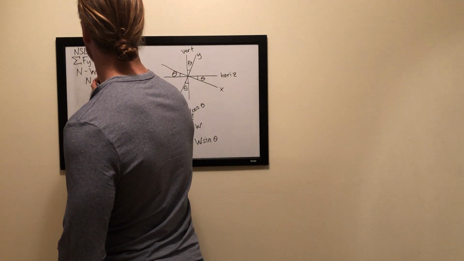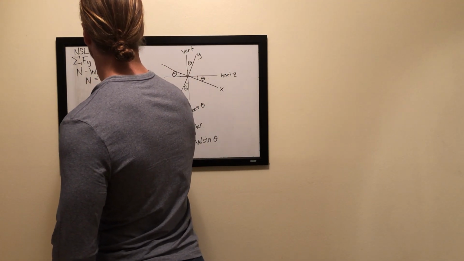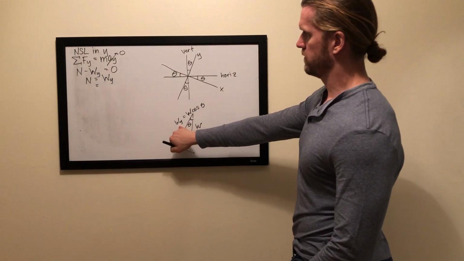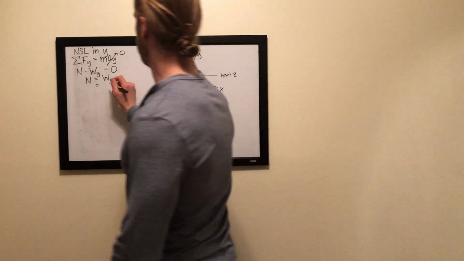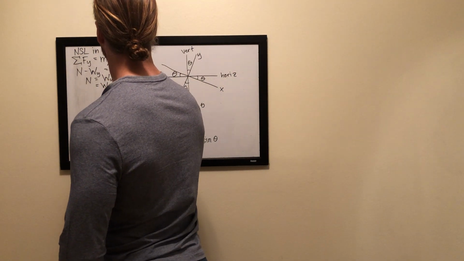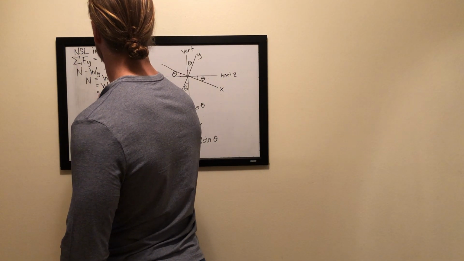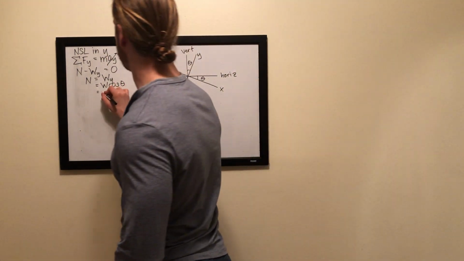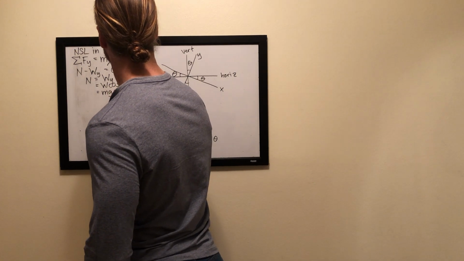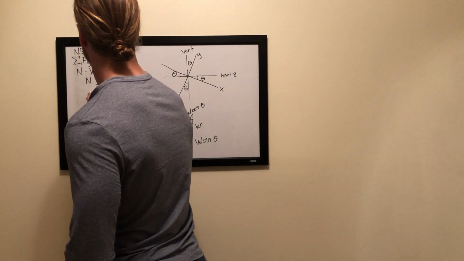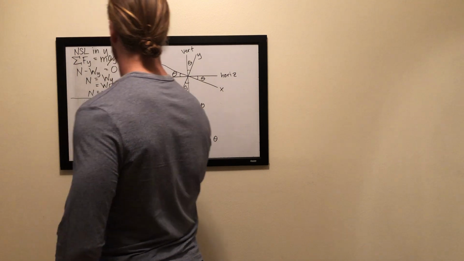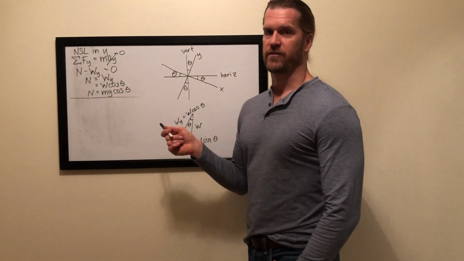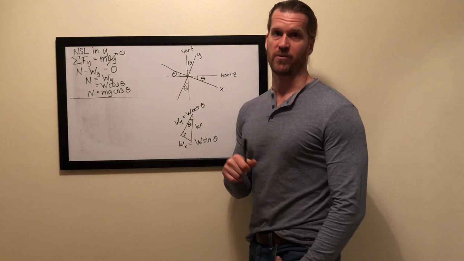So N equals Wy, and we just did some geometry to figure out that Wy is W cosine theta, and W, as long as you're on the surface of the Earth, is always mg. Okay, so we know a fact about the normal force. That's going to come in handy later when we do friction problems on slopes.